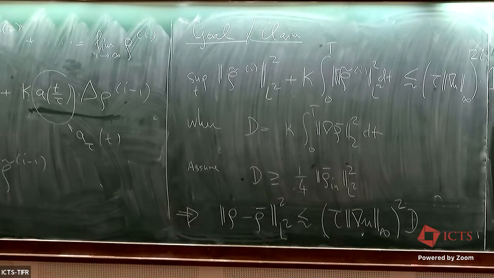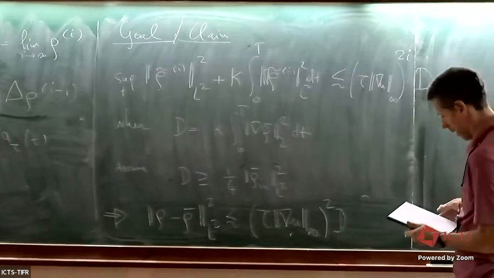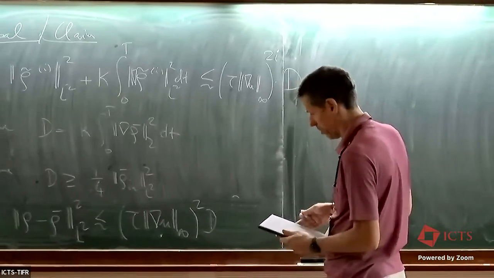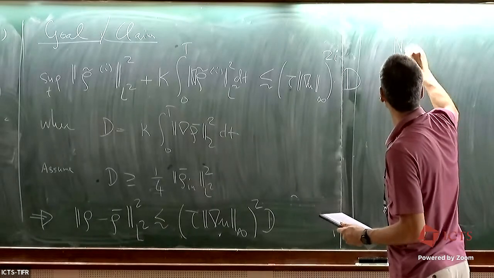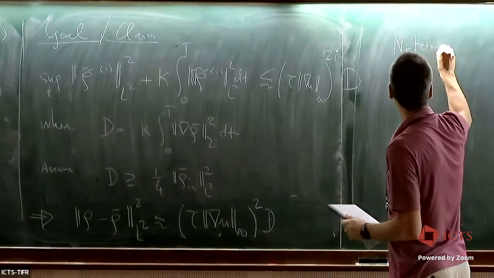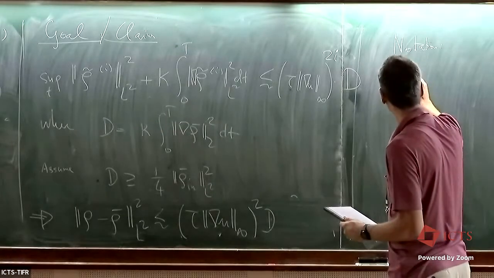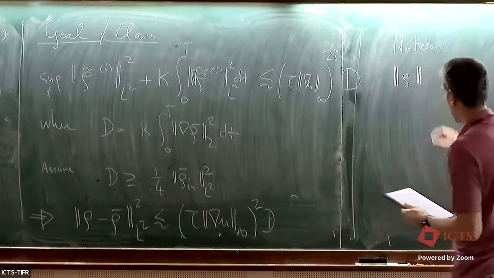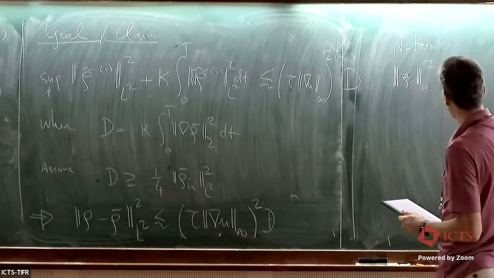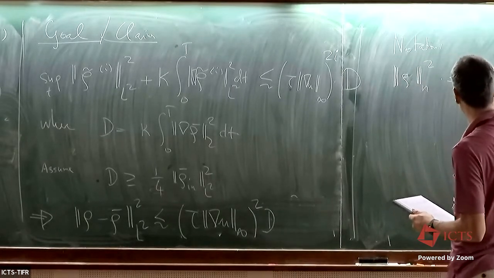Now, it's actually a pretty complicated inductive way of obtaining energy estimates. And at least I want to illustrate why it's complicated. So I'm going to call, okay, just some notation, this norm of rho n will denote essentially the energy norm.